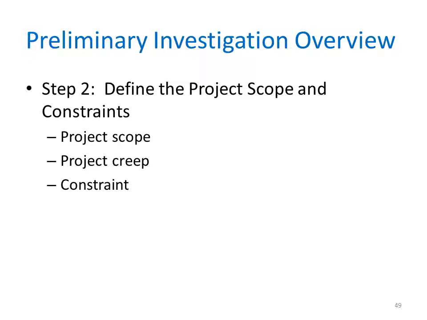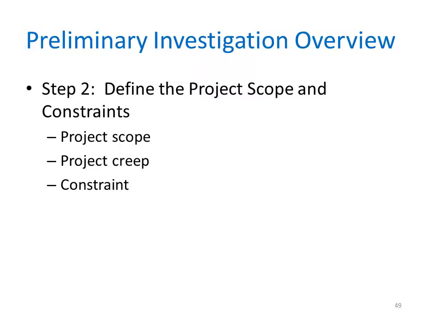Projects with a very general scope, very general definitions, are at risk of expanding gradually without specific authorization in a process called project creep. This occurs because as the specifications become more and more clear, the size of the project actually grows. The difference between project creep and scope creep is important here.